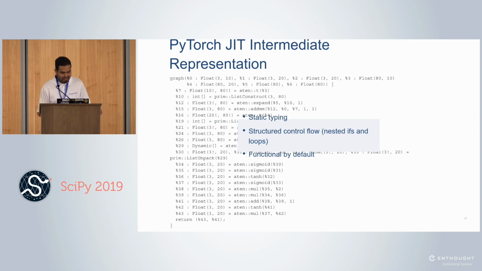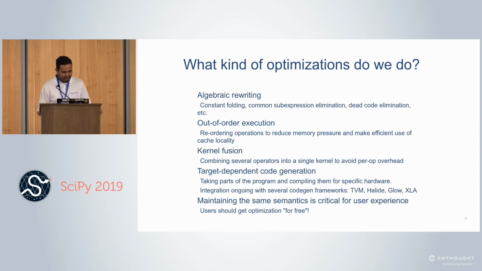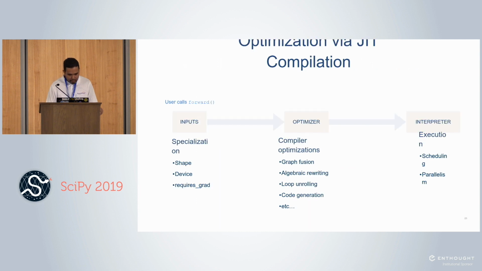There's a lot of slides, 40. Sorry for that. What kind of optimizations do we do? Algebraic rewriting, out-of-order execution, kernel fusing, target-dependent code generation, and maintaining the same semantics is critical for users' experience.